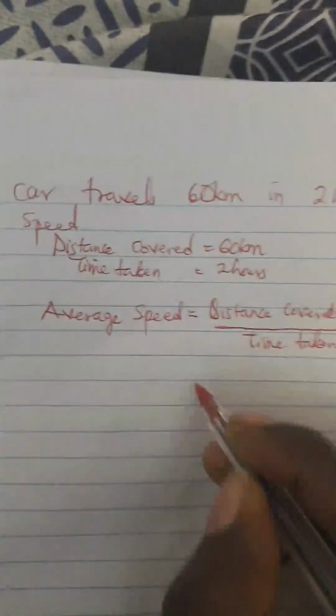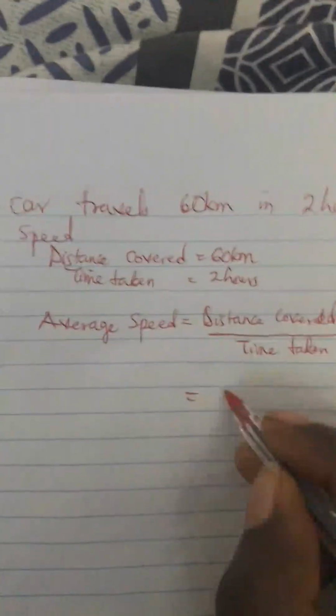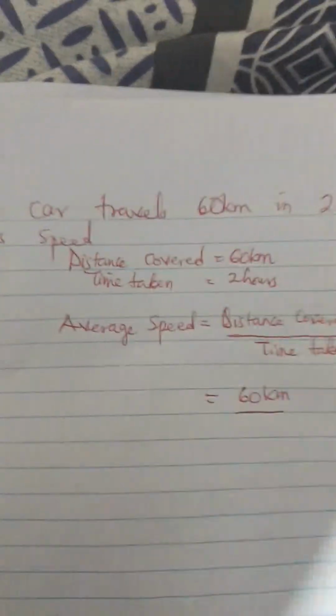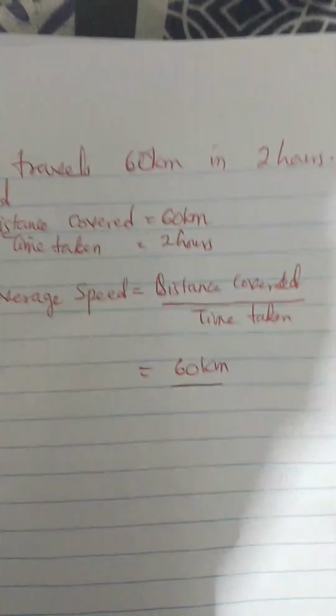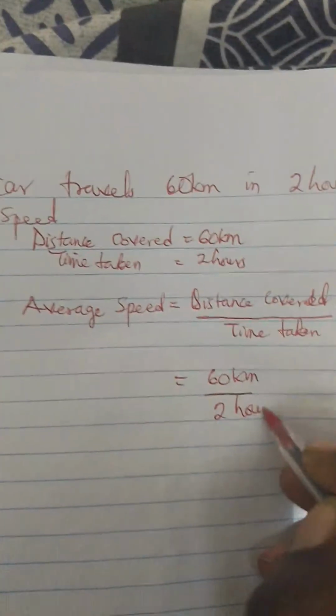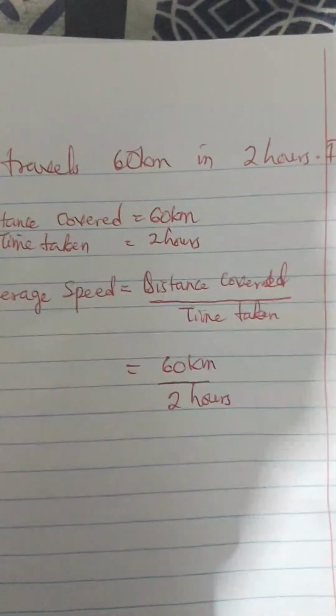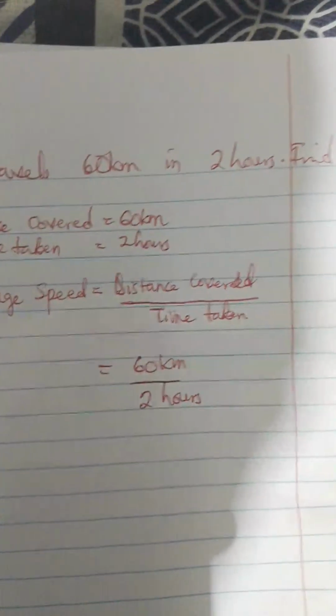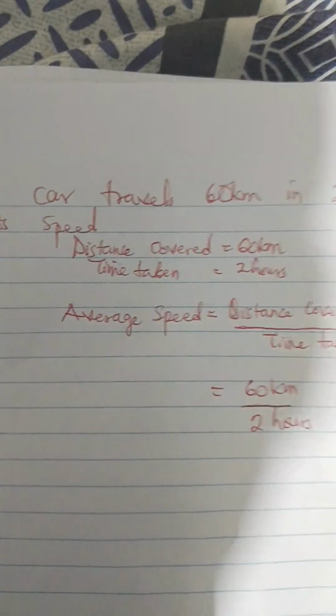So you have your distance covered to be 60 kilometers. Then the time taken is 2 hours. So we are saying a car travels 60 kilometers in 2 hours. Find its speed.